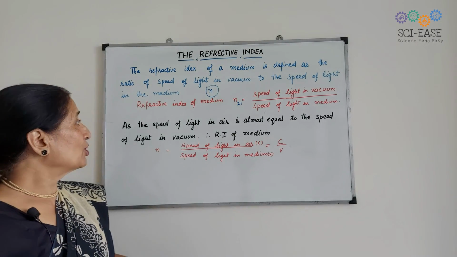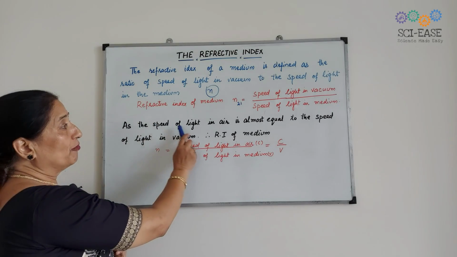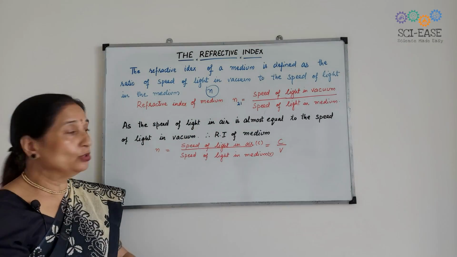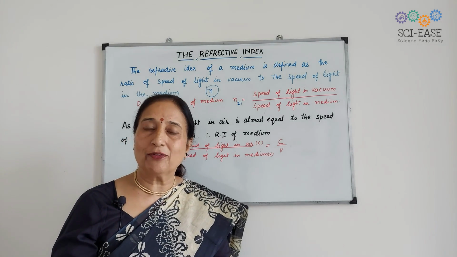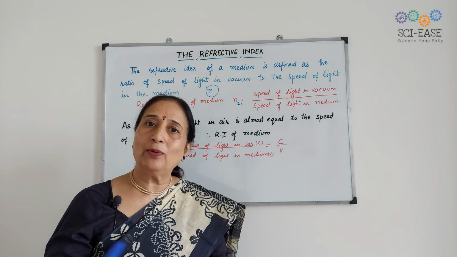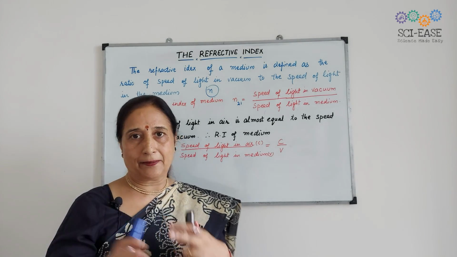You know that the speed of light in air is almost equal to the speed of light in vacuum, that I have told you. What is the speed of the light in air or vacuum? It is 3 into 10 to the power 8 meter per second.